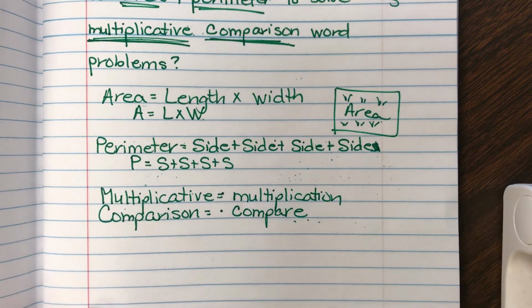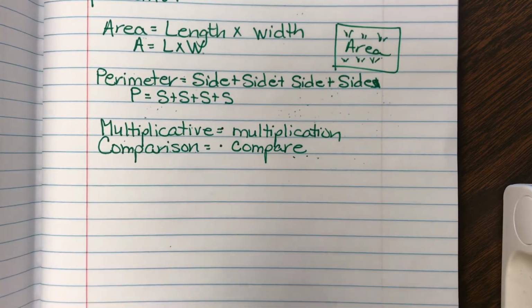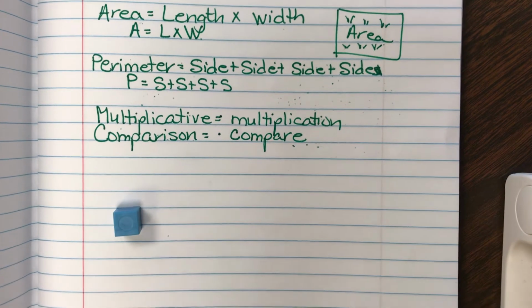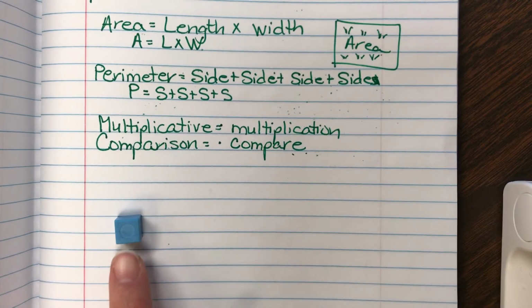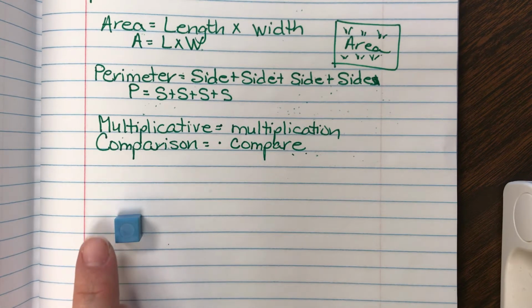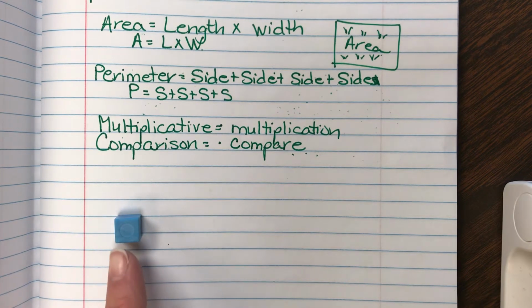I'm going to show you a sample real quick before we write it down. I've got some cubes here. Here is one cube, and we're going to say my cube is 1 centimeter long. Now, if I'm saying it is 3 times as long as it is wide, so I know it's 3 times as long. Here's 1.